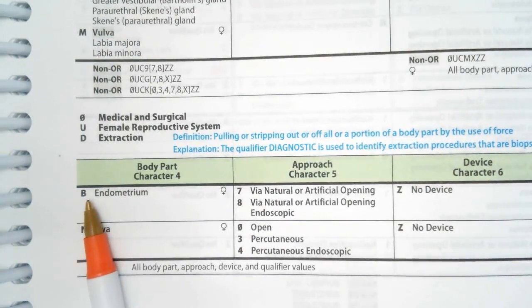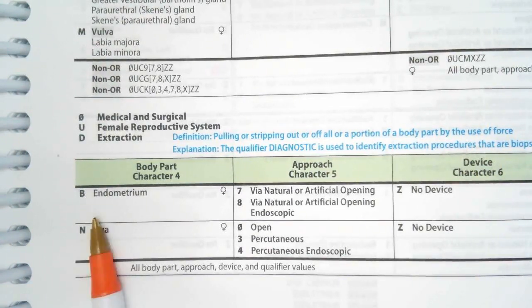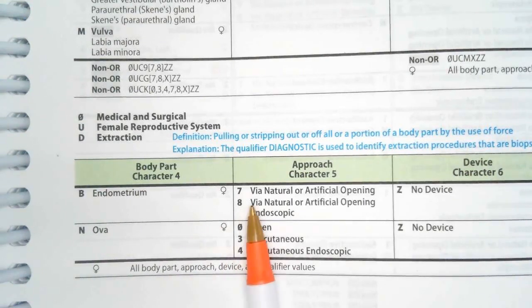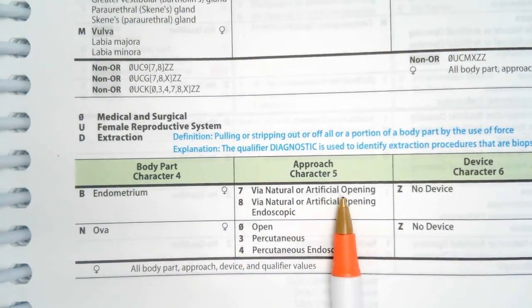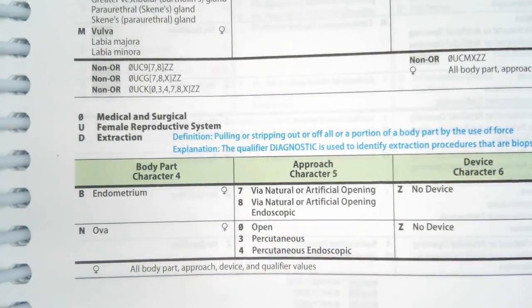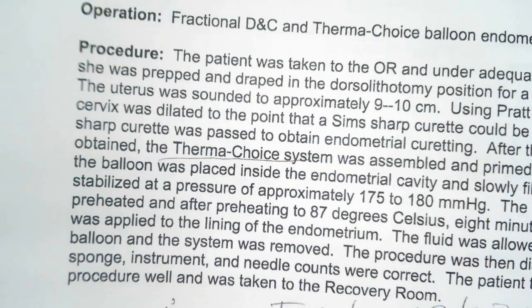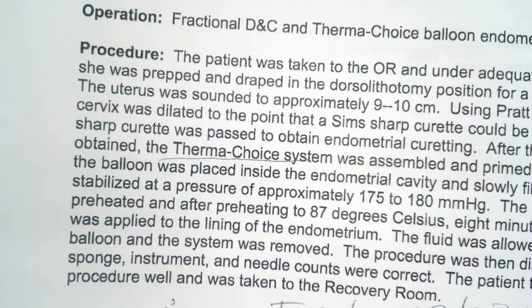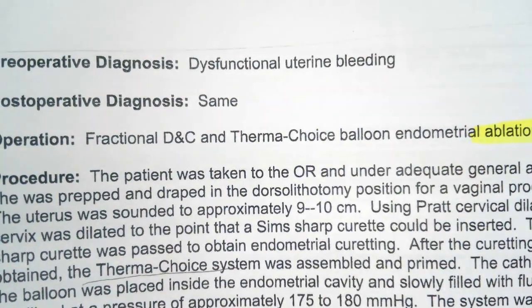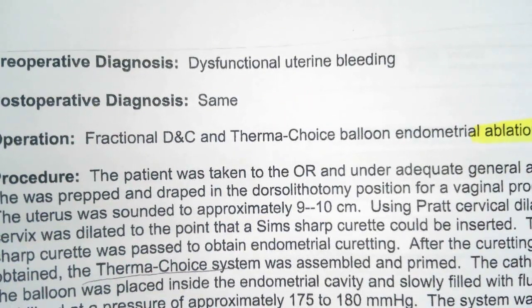Then the question we have to answer is, how did they get into the area? Was it via natural or artificial opening, or was there an endoscope involved? If you look at the documentation, they went in via the natural opening. They didn't do any type of incision. They actually went inside the area via the natural opening.